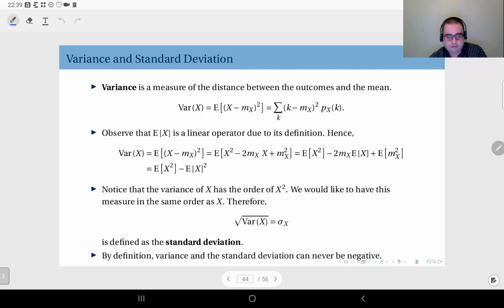Another issue is that by the definition of variance, the order of the variance is defined in terms of x squared.